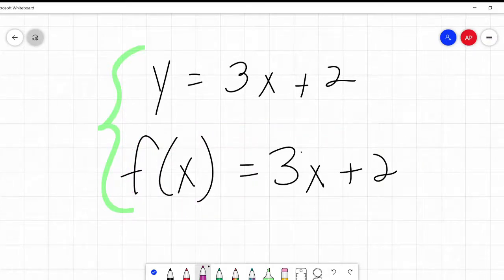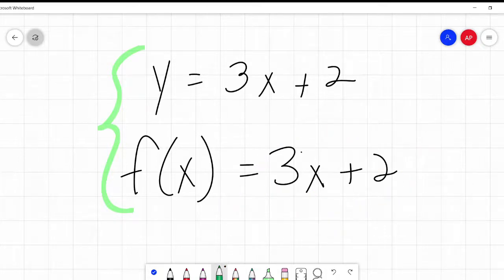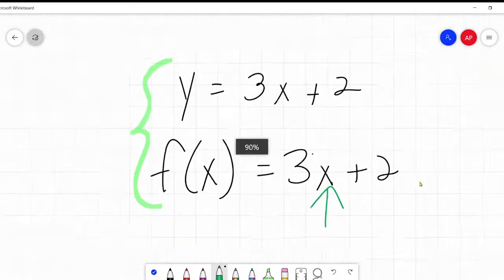The point of a function is talking about inputs and outputs. It's like, if I stick a number in for x, what gets spit out after I do this math? Input and output. I stick something in for this variable, and I see what comes out the other end. And that is the primary focus of this.